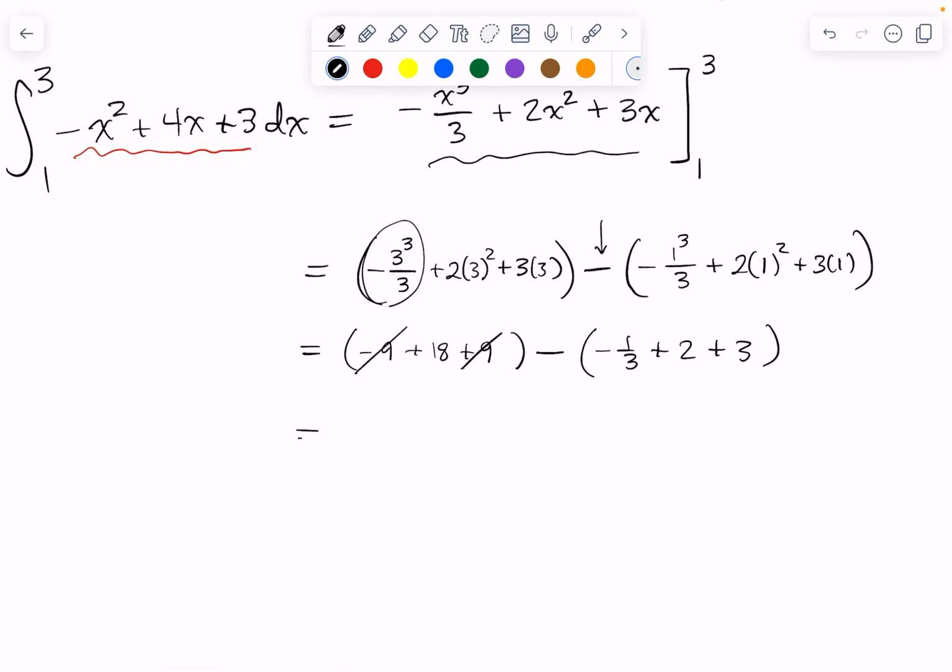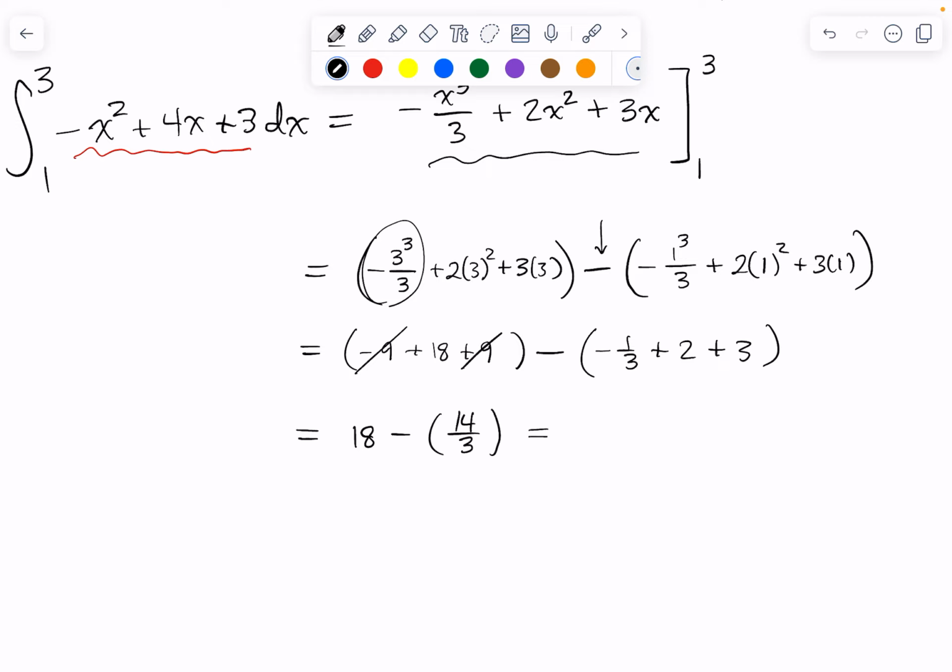Okay, this is going to be 18 minus, I'll just keep simplifying over here. We get 5 minus 1/3. That's 4 2/3, which is 14 thirds. All right.